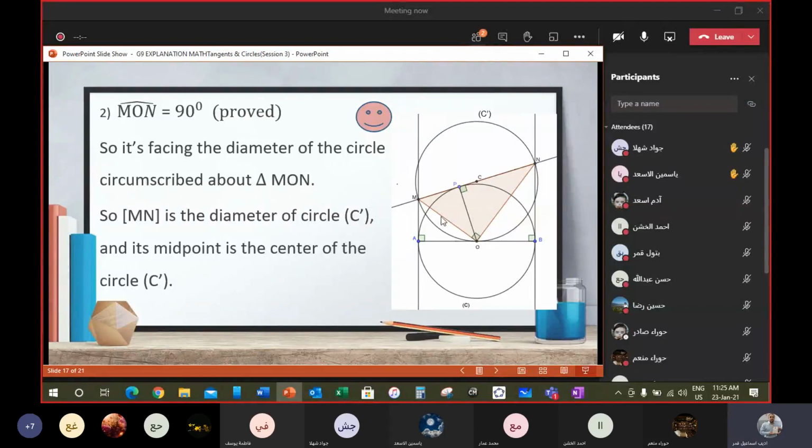So MN is the diameter of C prime, and its midpoint C is the center of the circle C prime, the circle circumscribed about triangle MON.